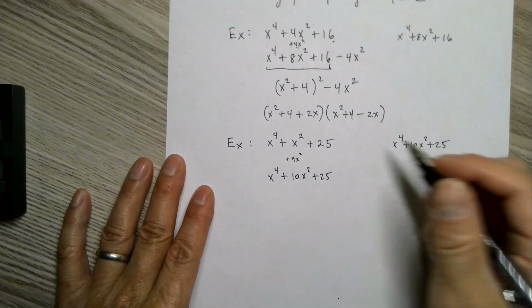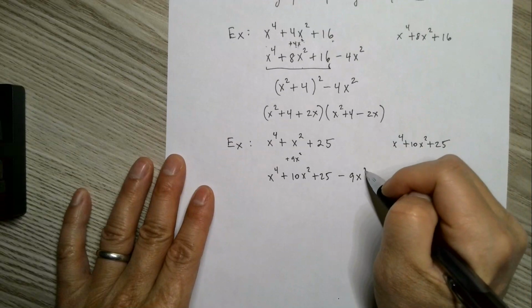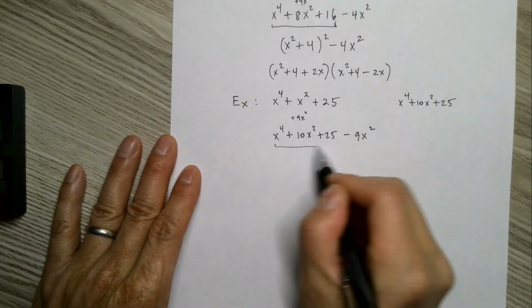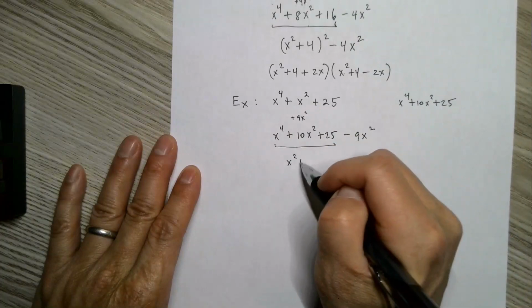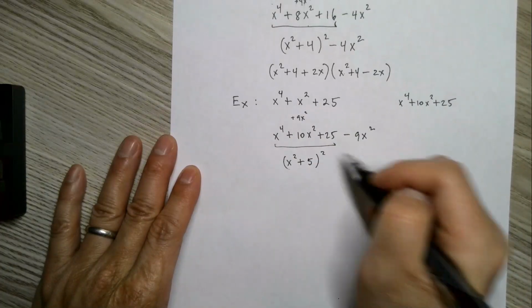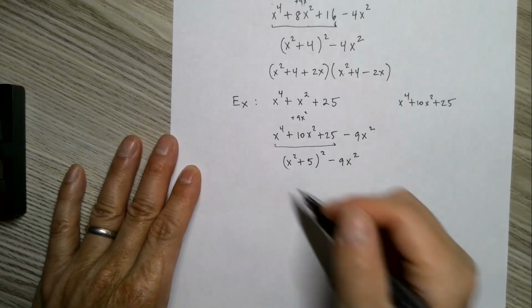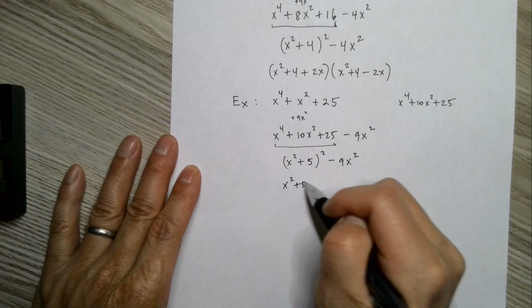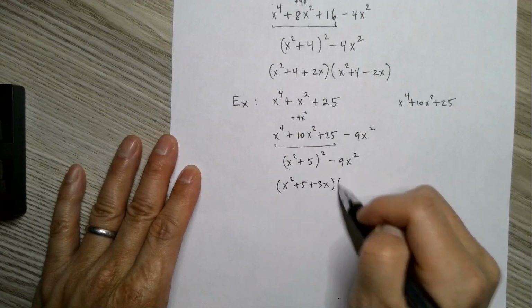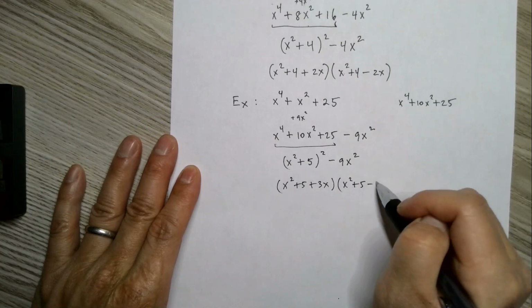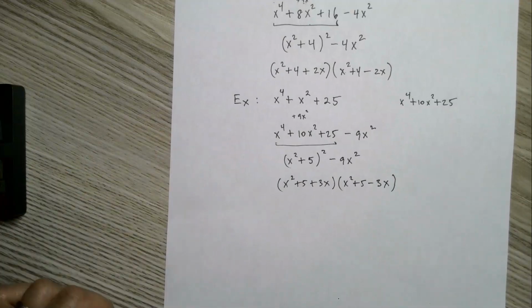But to compensate, I have to subtract 9x squared as well. And now I can factor this trinomial. And now I can factor the difference of squares. And then we're done.